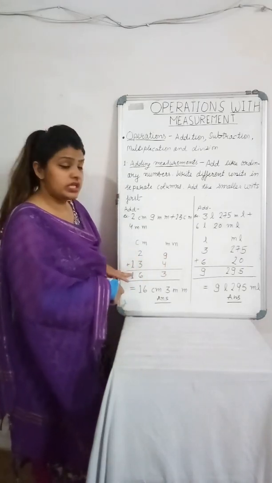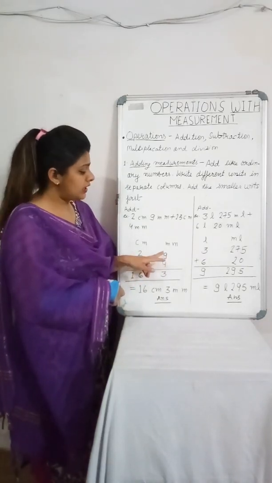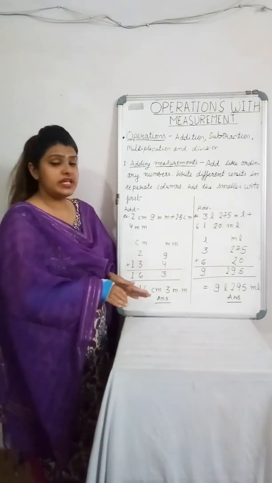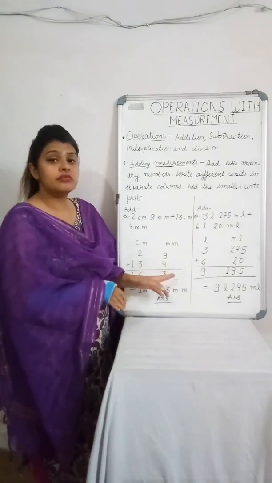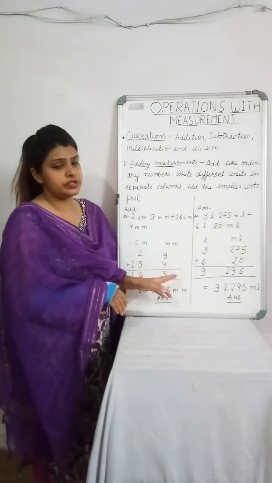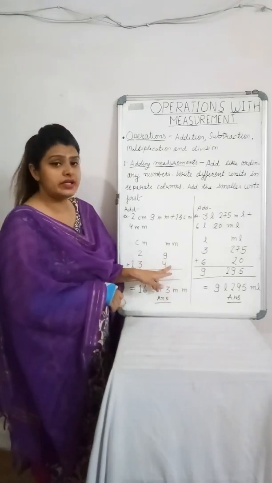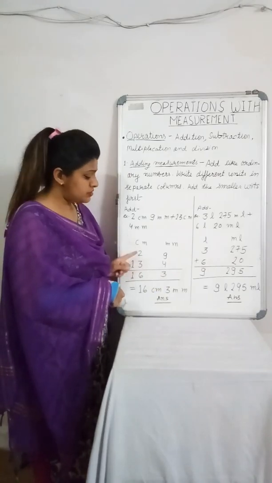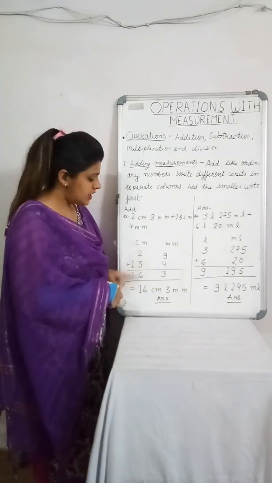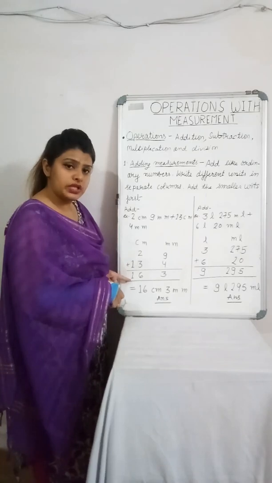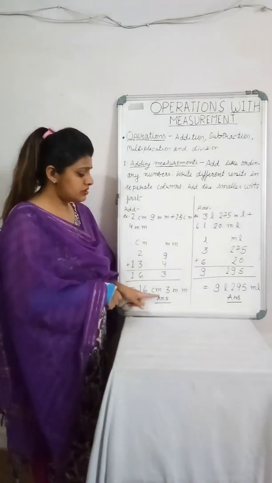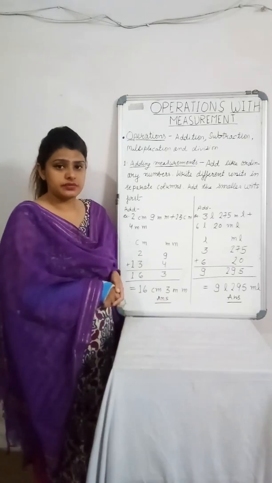Here 2 and 13 will be put in centimeters and 9 and 4 will be put in millimeters. Now the next step is to add them from smaller units to bigger units. First 9 and 4 will be added, that is 13. 1 will be carried here, then 3 plus 2 is 5 and 1 carried makes 6, and then 1 is copied here. So the answer is 16 centimeters and 3 millimeters.